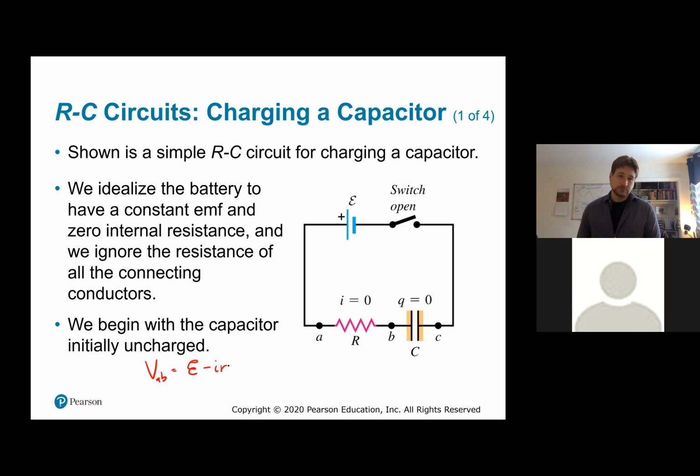We start with an uncharged capacitor connected in series with a resistance and an EMF. Initially, there's no current flowing because this isn't a circuit. Initially, the capacitor is uncharged. Neutral plates.